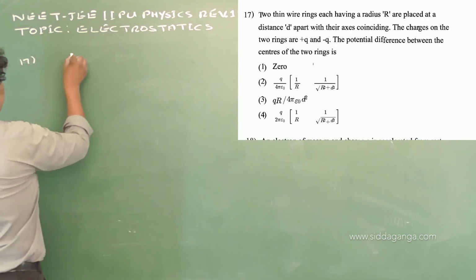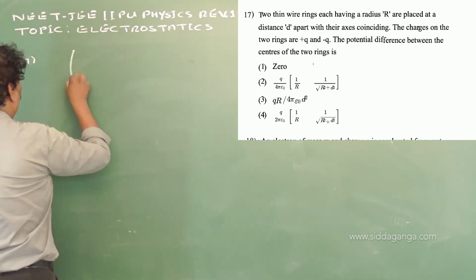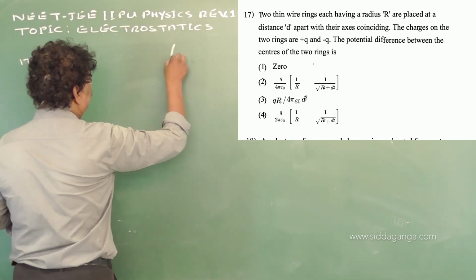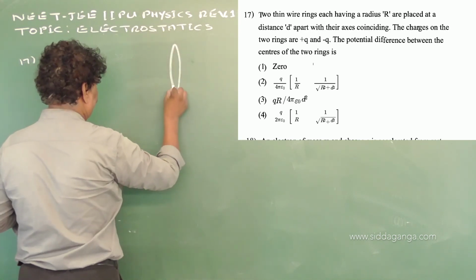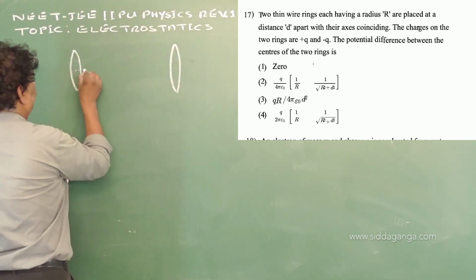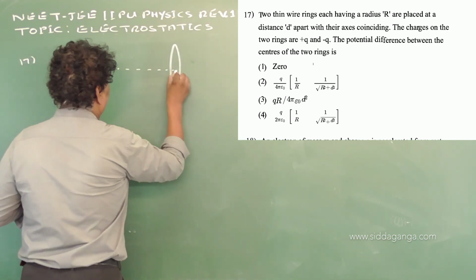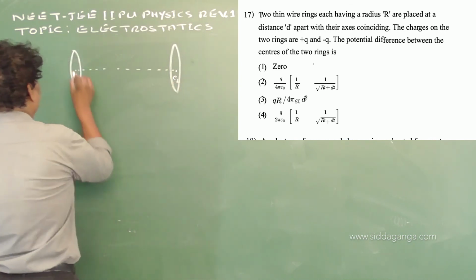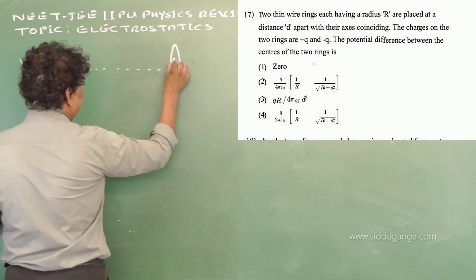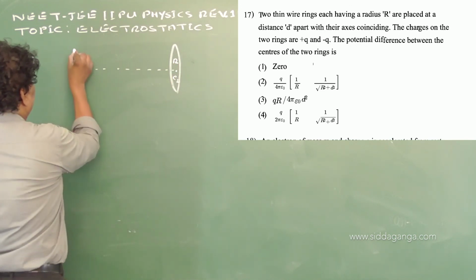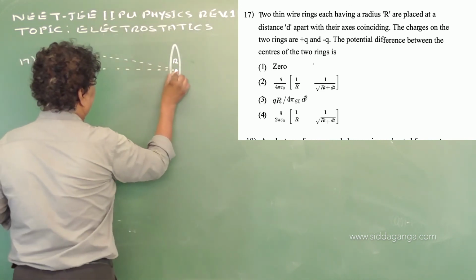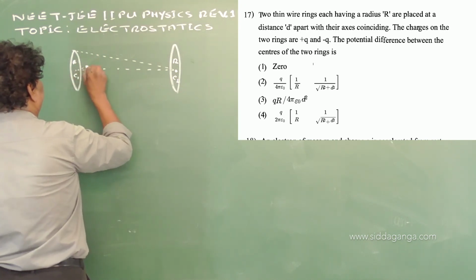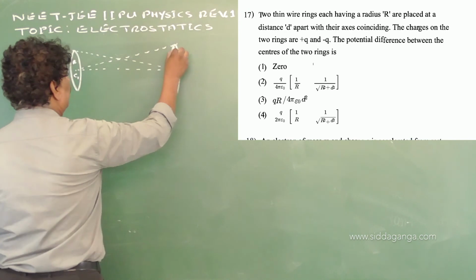Now here we have two rings with center C1 and center C2, each having radius r.